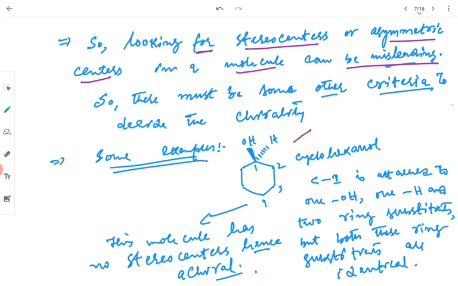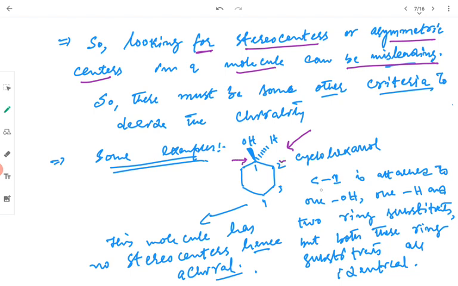If you take the example of cyclohexanol, this molecule has no chirality center. I have numbered this molecule: this is carbon 1, this is carbon 2, carbon 3 and carbon 4.